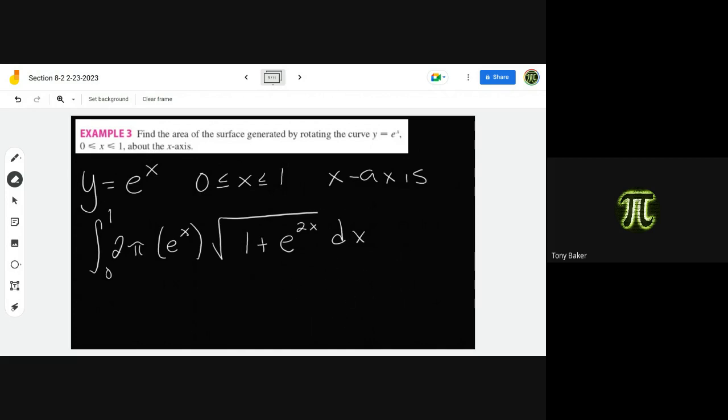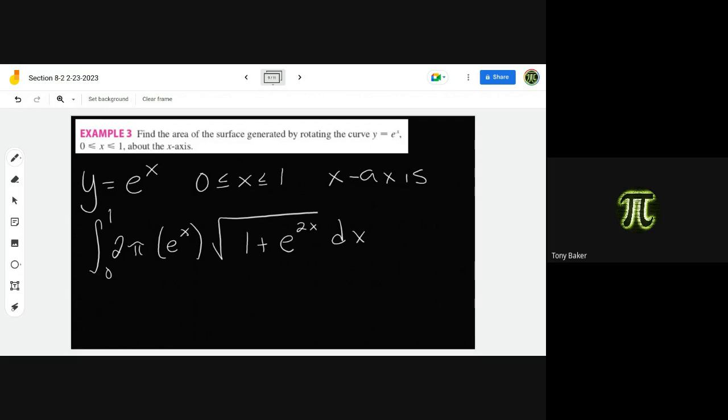There actually is no way that you know how to integrate that. Is there a way? There might be, but this is why we have computers. We can't even use trig substitution because it's not x squared.